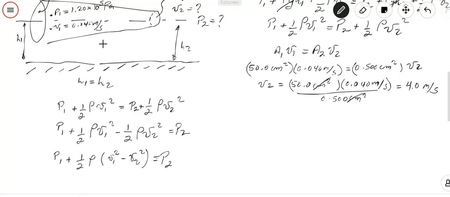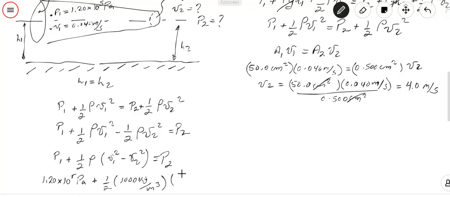We know that this is water, so we're going to take the density of water, that is 1,000 kilograms per cubic meter. So my pressure P1, that we said is 1.20 times 10 to the 5th Pascal, plus 1 over 2 times 1,000 kilograms per cubic meter, that is the density of the water, times v1 squared.